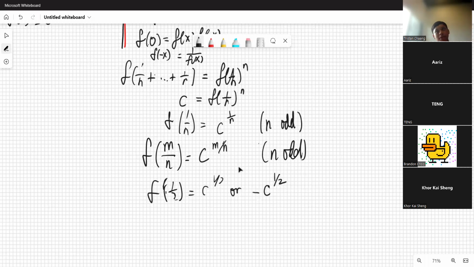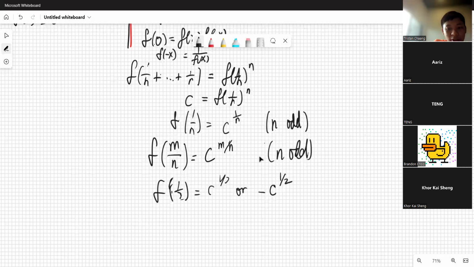Can a rational number be approximated by a sequence of rational numbers with odd denominators? Yes, definitely. So let's just ignore f half.